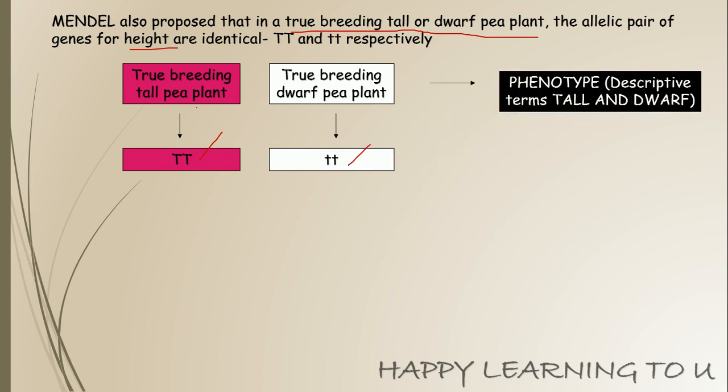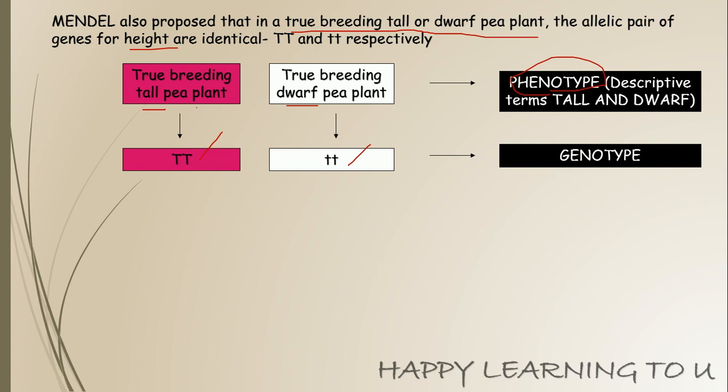So these descriptive terms, that is tall and dwarf, are known as phenotype, whereas the alphabetical terms are known as the genotype. So please do remember in all the upcoming videos what you mean by phenotype and genotype.